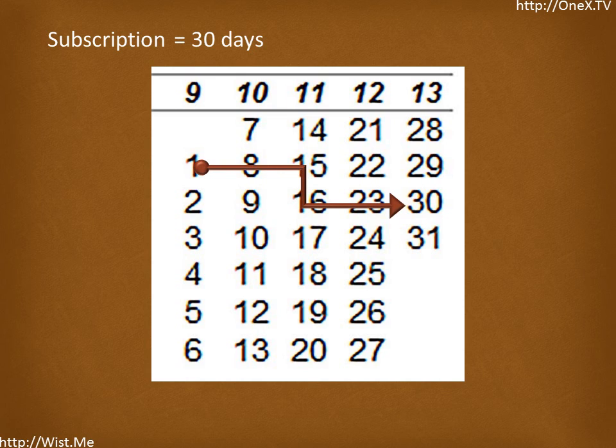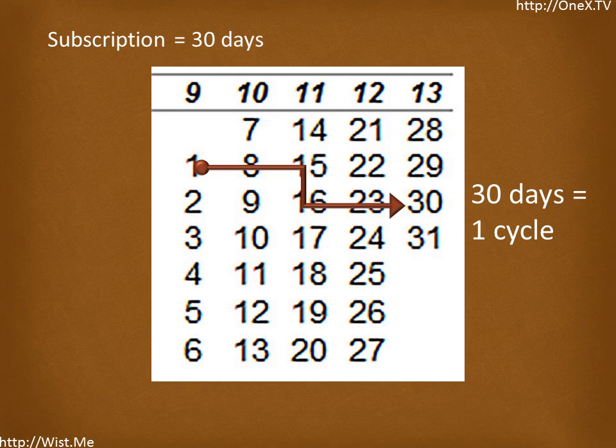Now, a subscription lasts 30 days, and in QLxChange, these 30 days we call a cycle. At the end of this cycle, at the end of these 30 days, you have to pay to renew your subscription, and this is called an end of cycle fee.